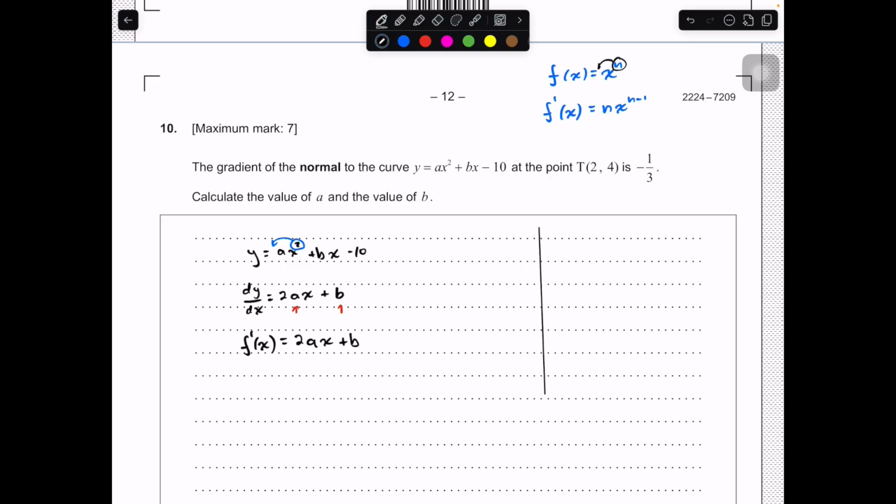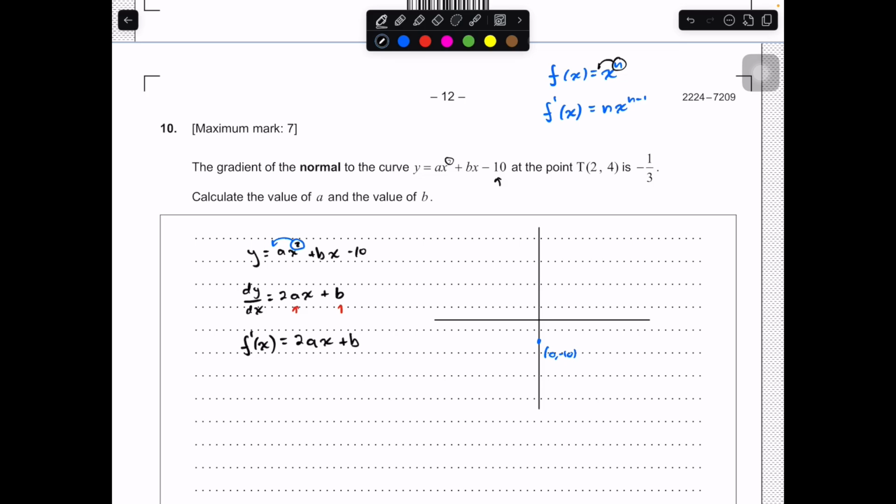I'm going to draw a little graph just to help illustrate what's going on. We don't really need to, but I'm going to draw it for consistency's sake. So here's the point (0, -10). And I'm going to draw a quadratic, because it is going to be in the shape of some parabola.